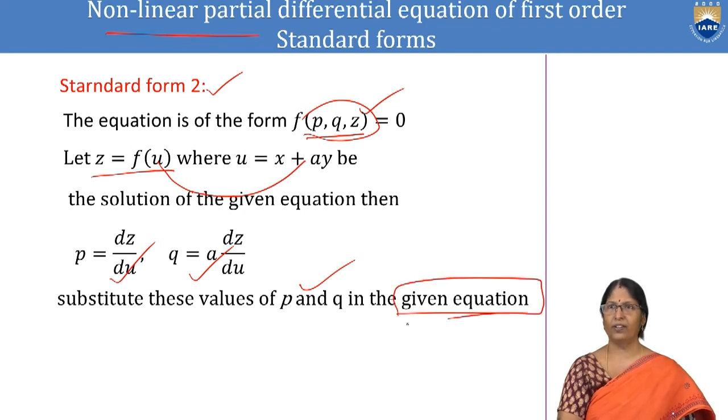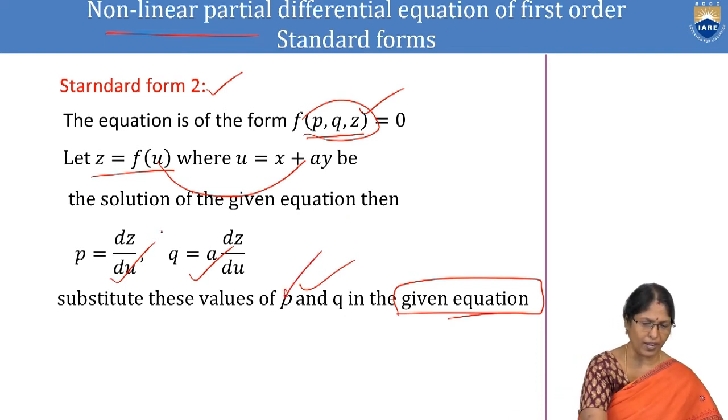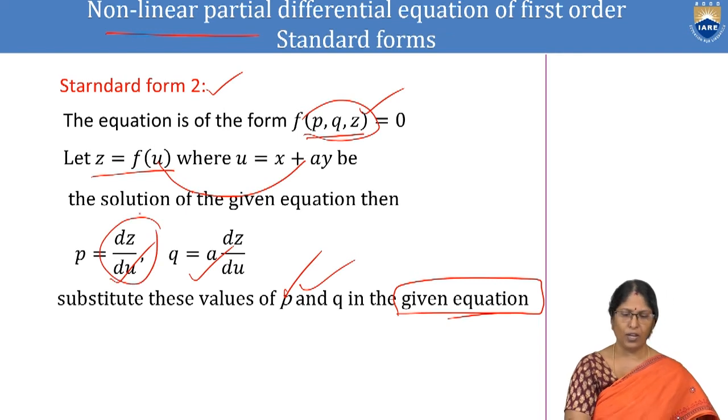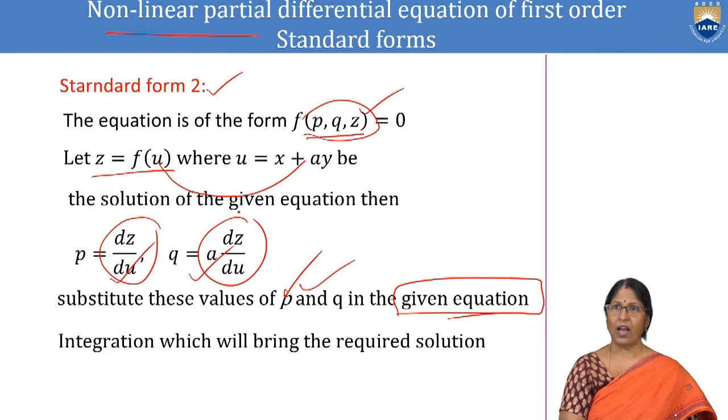The word given equation is very important. That is our given question, given problem. We substitute, that is, p is replaced by this term, q is replaced by this term. After replacing, we will do the integration.